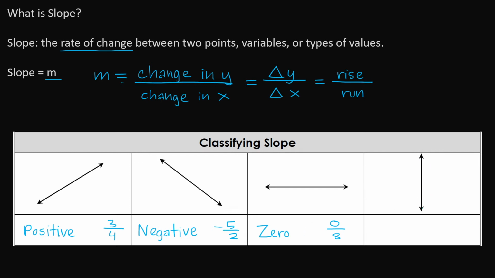And lastly, our vertical line. Vertical lines have an undefined slope, meaning there is a rise, but there is no run. So an example slope might be 3/0. Again, 0 is the run. You cannot divide by 0, that's why the slope is undefined.